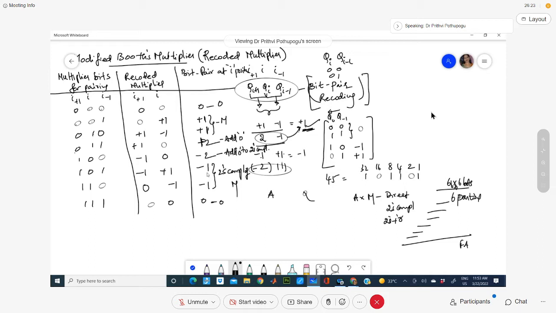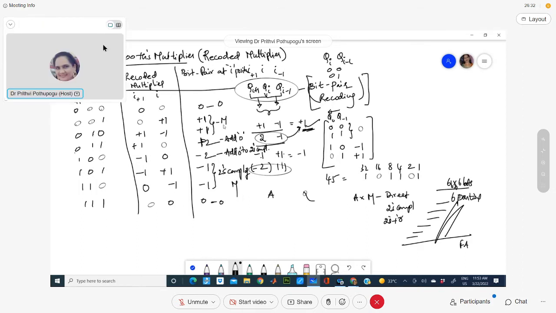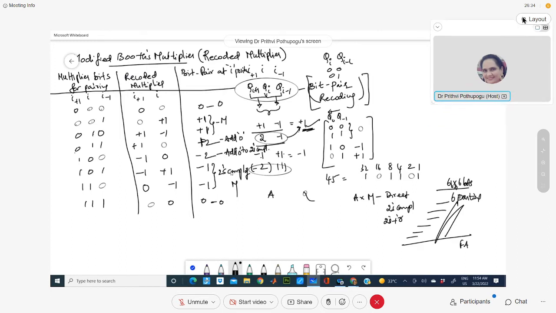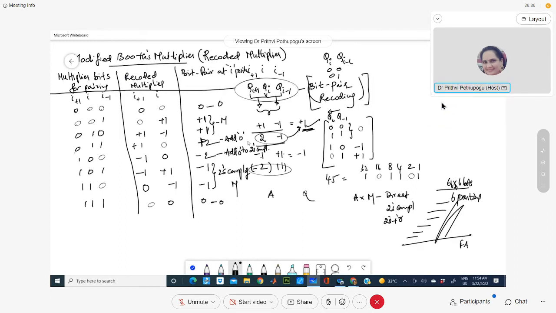That means the partial product we are defining. So that partial product value we are specifying here: whether the partial product is the direct value, or its 2's complement, or a 0 added to the 2's complement. Plus 1 means a direct value. Minus 1 means negation, which means 2's complement.